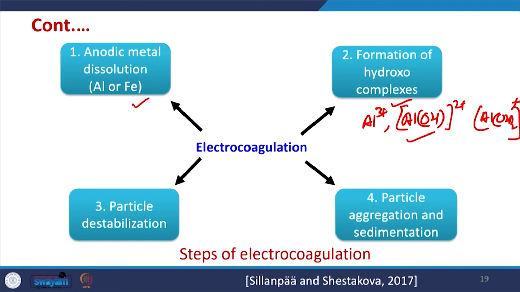All these complexes are possible. Similarly, Al3 plus will destabilize the particles, and once destabilization occurs, there is a possibility of aggregation and settling down. These are the different steps in electrocoagulation.